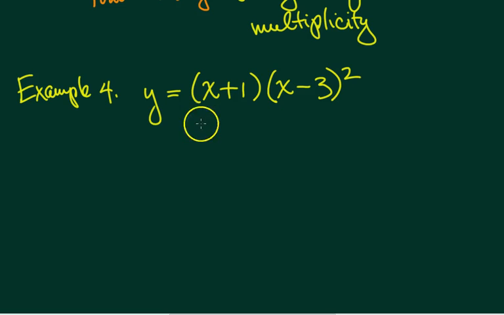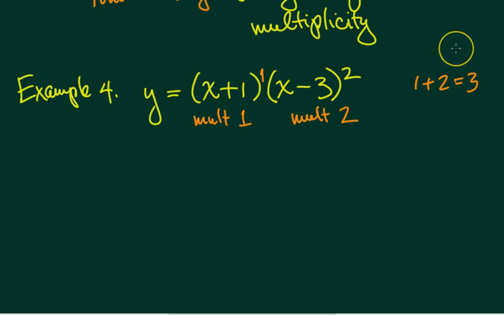Okay, so we have multiplicity 1 for x plus 1 and multiplicity 2 for x minus 3. And if we add up all of the exponents of the linear factors, we get the overall degree. The number of linear factors is the same as the degree of the polynomial.